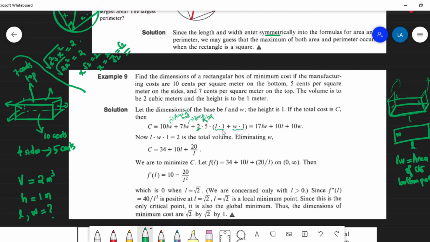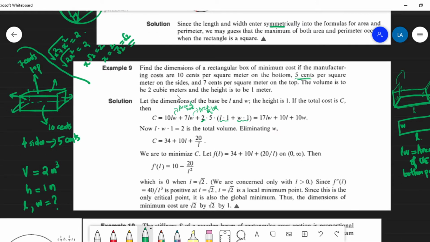We are given that on the sides 5 cents are required to make each of the sides, so you multiply all of them with 5. That's what is given here, and then you open the braces and form a simplified version of C, which is 17 LW plus 10 L plus 10 W.